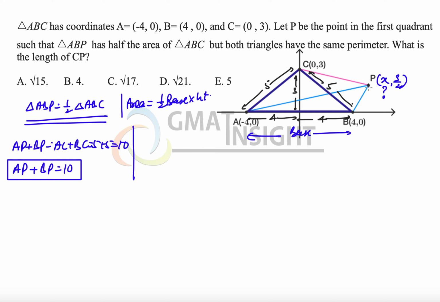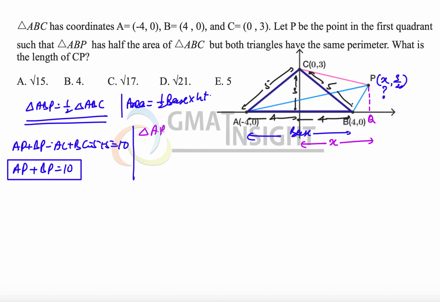To find that out, let us quickly drop a perpendicular here and call this point Q. Taking this point Q, we want to form some equation with respect to x. Let's look at triangle APQ.